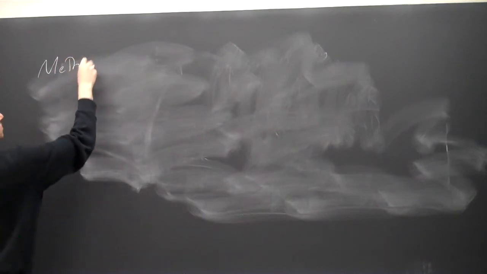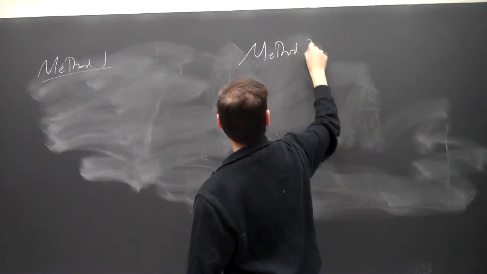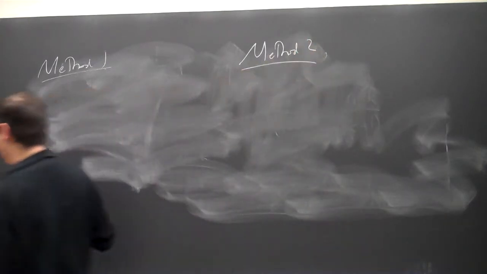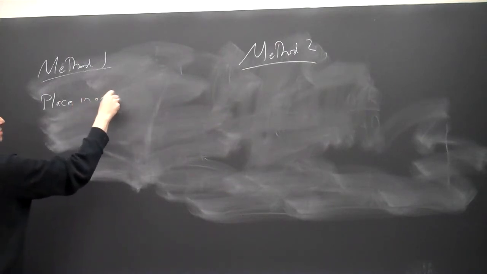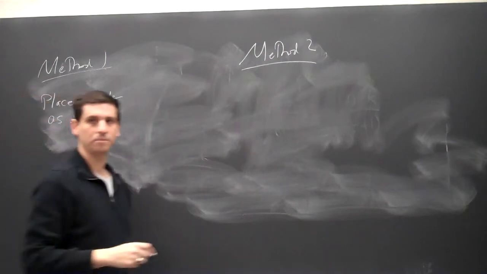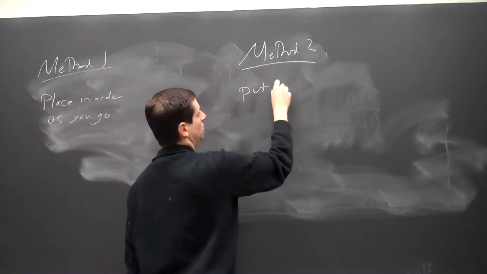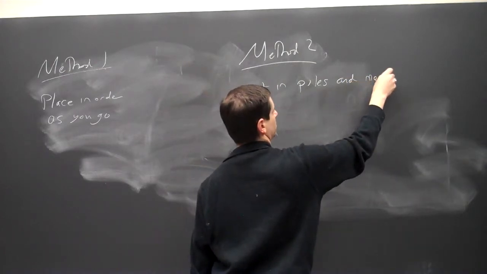So here's 2 methods. Method 1, place in order as you go. Method 2, put in piles and merge.